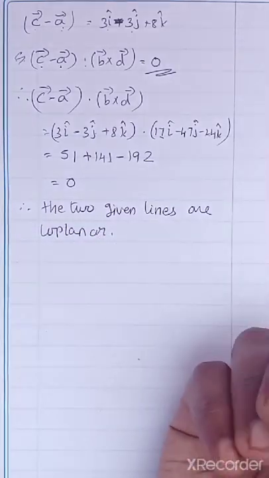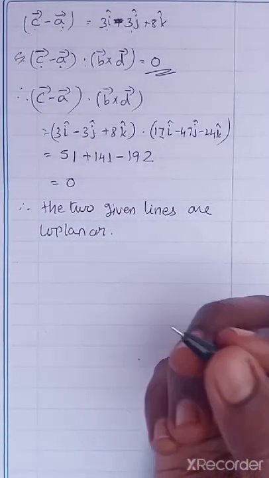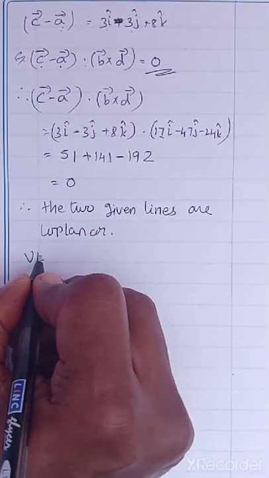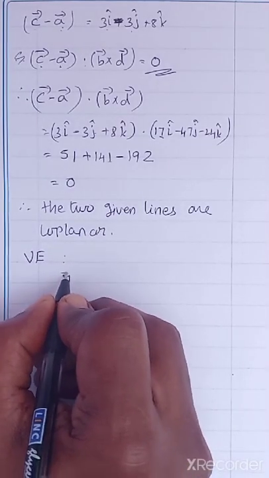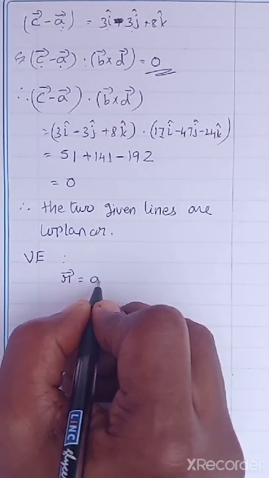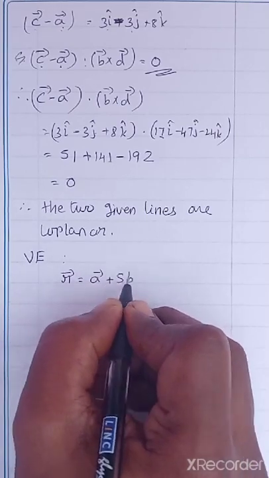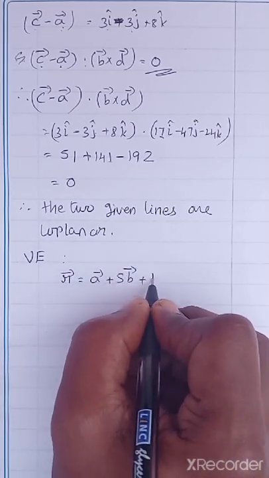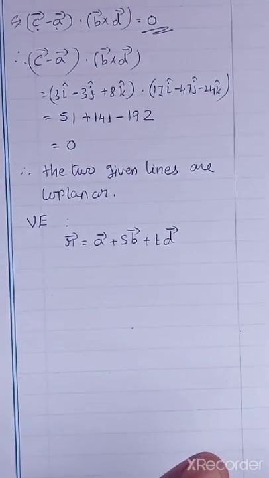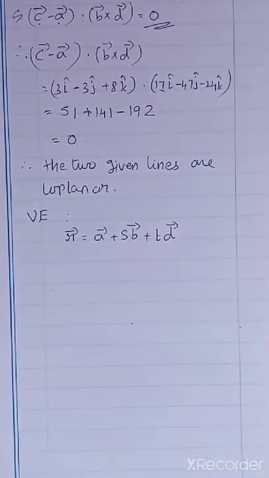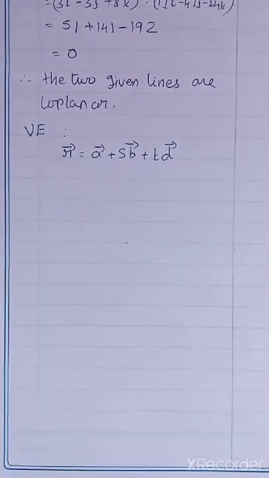Okay, so we found out coplanar. Next, what do we have to find? The vector equation. So what is your vector equation formula? R vector equal to A vector plus S B vector plus T D vector. This is because it is non-parallel, right? So for non-parallel, you have to use this condition only.